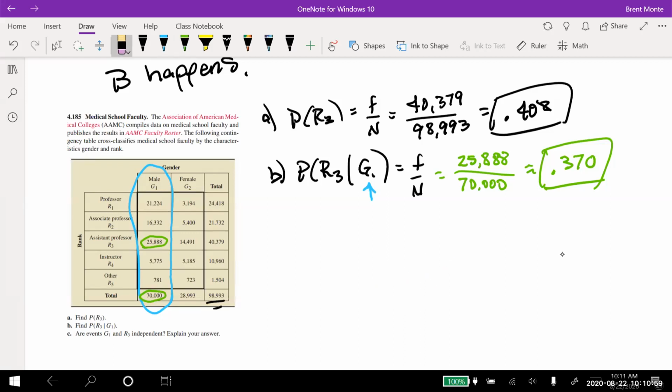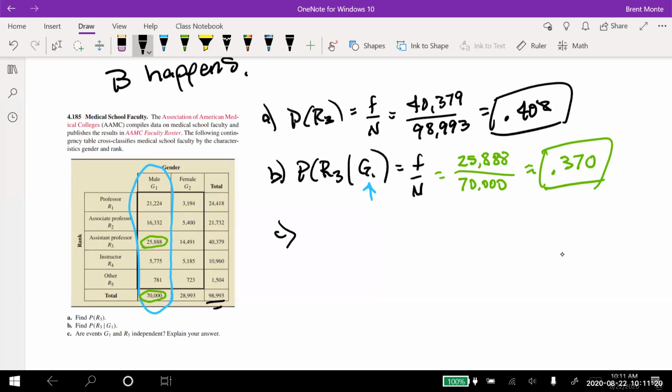Erase that. But now look what happened. C says, are G1 and R3 independent? No, they're not. Because the probability of R3 was 0.408. But if I know G1 happened, it changes the probability of R3, lowers it down to 0.370.